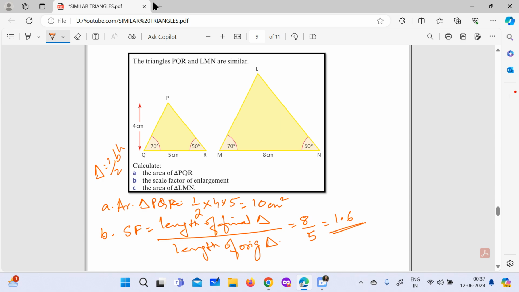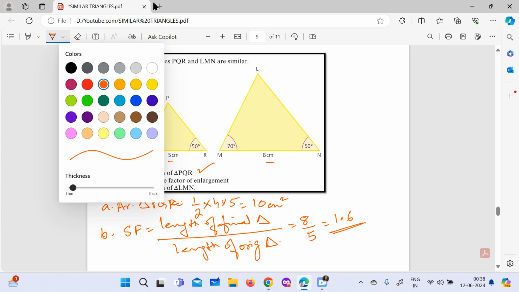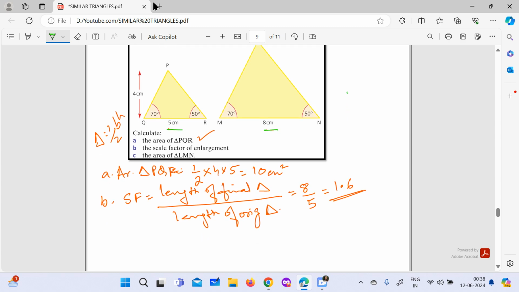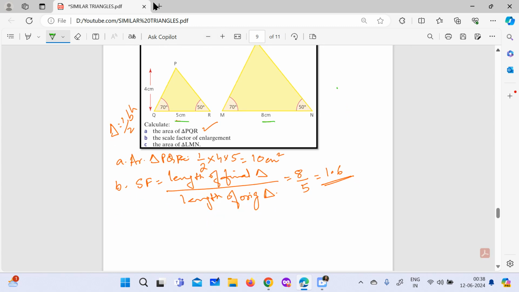Now let's see the third part. This says the area of triangle LMN. Okay. So we have calculated the area of PQR here. Now we need to calculate the area of LMN. So what is missing here? We don't have the height given over here. But the good thing is we know two lengths, and we also know the scale factor. And we know the relation between the length of the similar shapes and the scale factor.